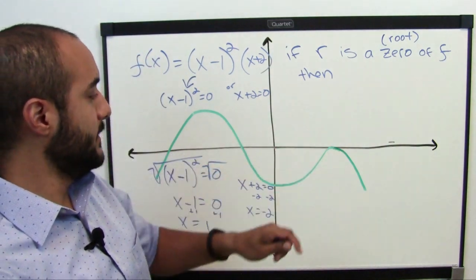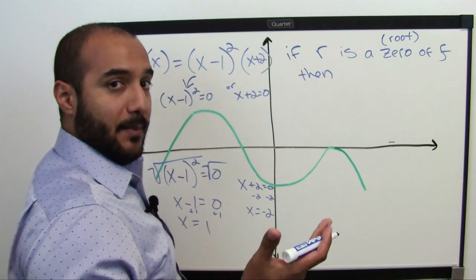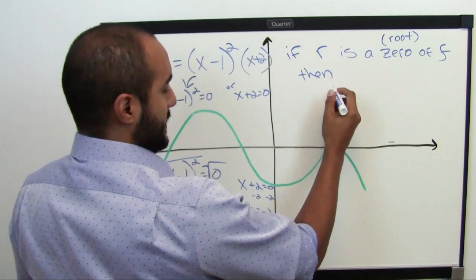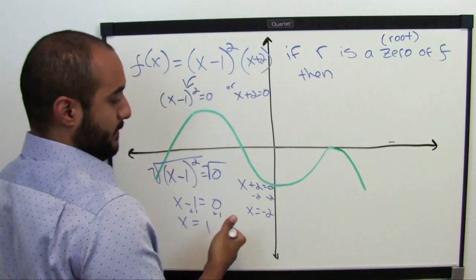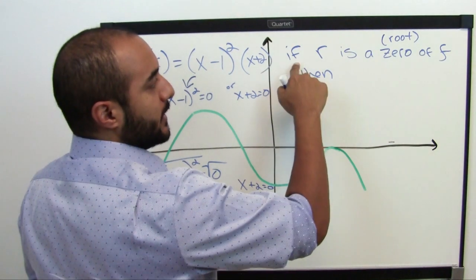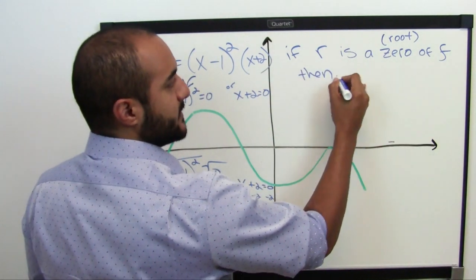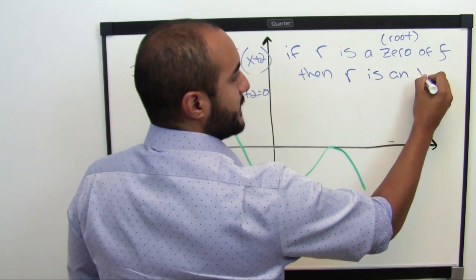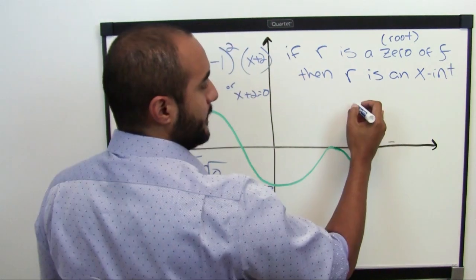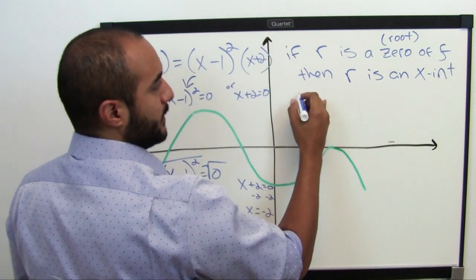If that's the case, we know that this is where I'm going to have x-intercepts. So in this case, I was calling my roots r, okay? Then my roots are my x-intercepts, so my r is an x-intercept, and it's a factor of my polynomial.